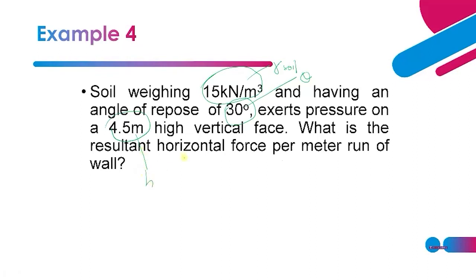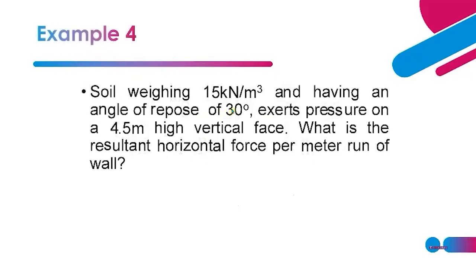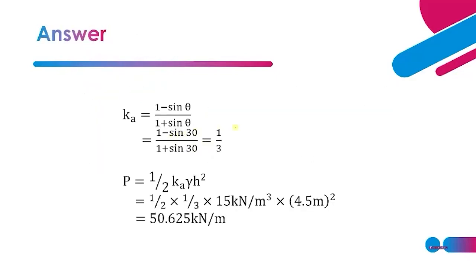So this is H. The value of Ka first because this is to calculate the shearing resistance. Ka equal 1 minus sin theta over 1 plus sin theta. Tadi formula tadi ya. Masukkan the value of 30 degrees as the angle of repose. Bila you kira ni, you dapat 0.5 over 1.5 if I'm not mistaken. So sama kan?